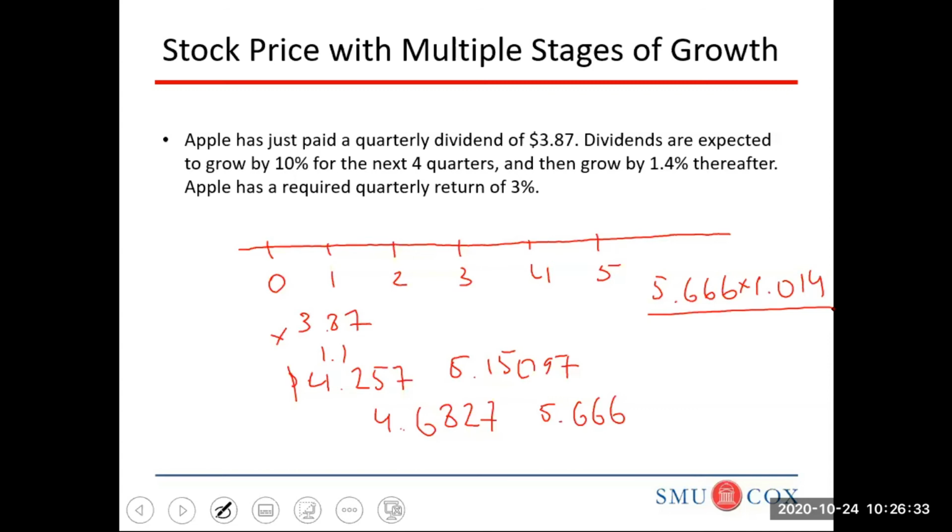So required quarterly return, 3% is the discount rate. 0.03 minus 0.014. Should be a pretty large number. 359.087. Yep.